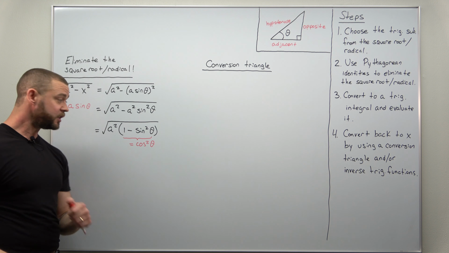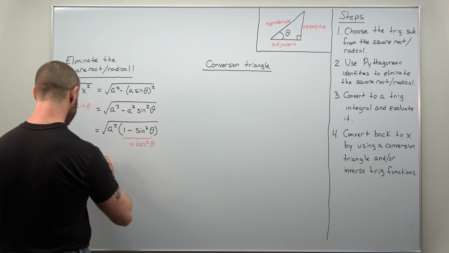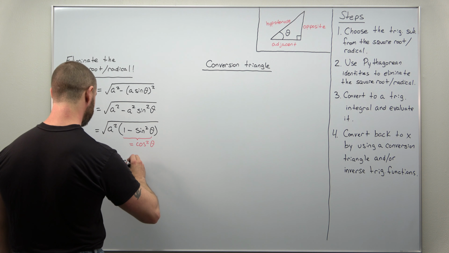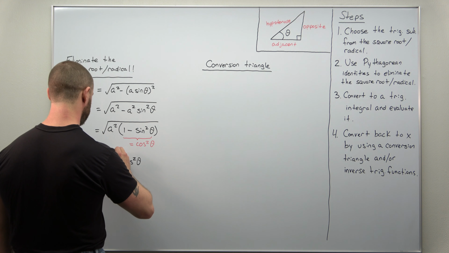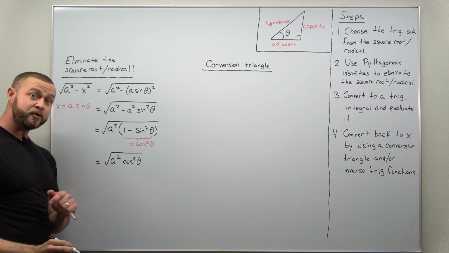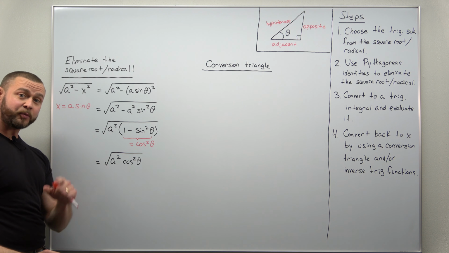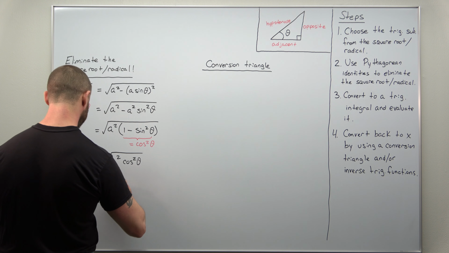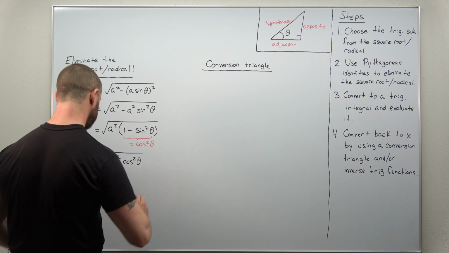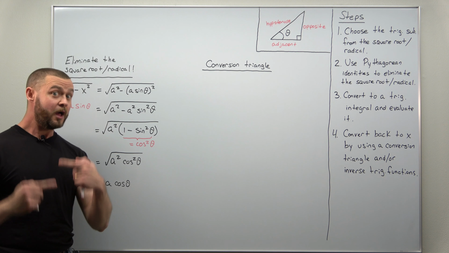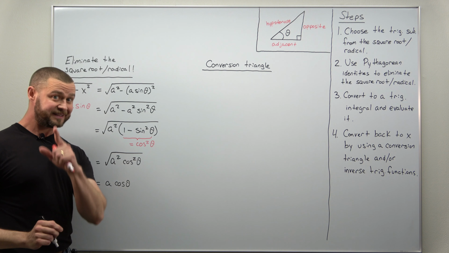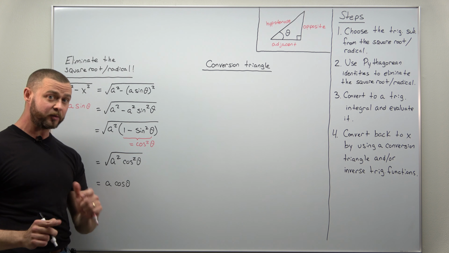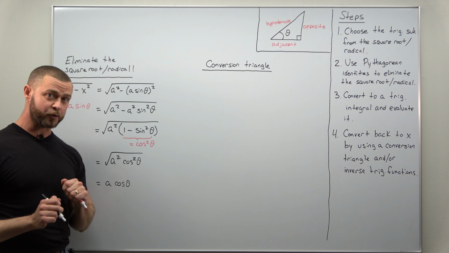And that's basically it. If we use that identity, we get the square root of a squared times cosine squared of theta. And if we take the square root of each of those, you'll be left with a times cosine theta. The squares and the square roots cancel out. And we've achieved our goal of getting the radical or square root to cancel. And that will happen for every trig substitution problem, these integrals involving square roots.